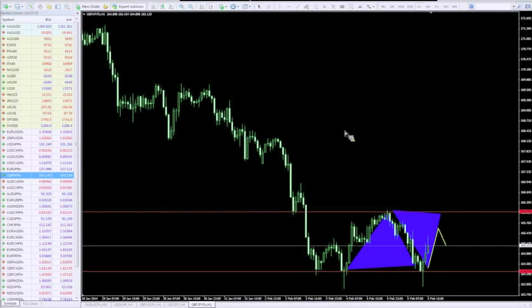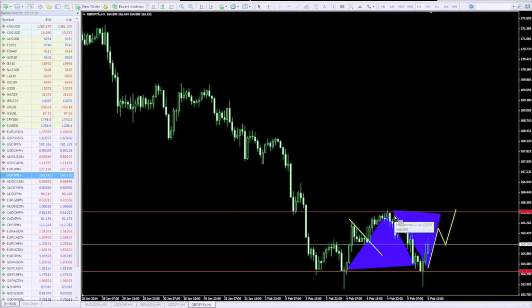I'll get a little bit of a pullback, and then I'll get a push back to the top. So you see how what we learned earlier comes into play here. Look, here's our push up. 1, 2, 3, 4 candles up. And lo and behold, we have pullback candles. And when these pullback candles break this line, we know where our next likely target could have been.